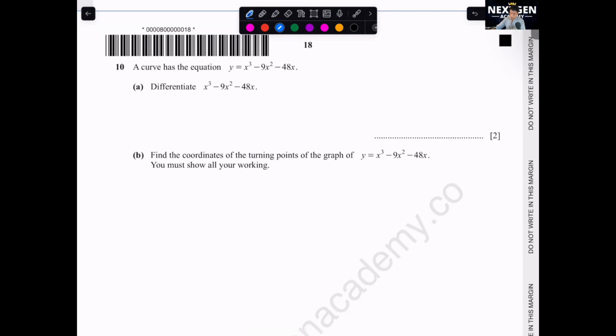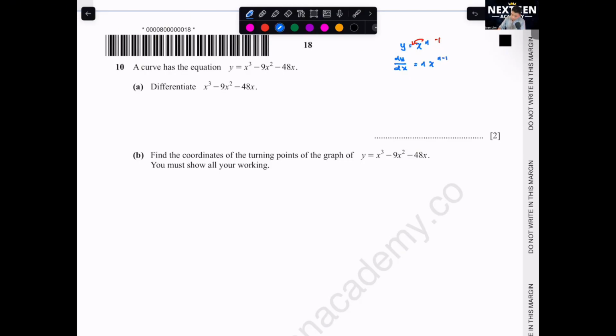All right, a curve has the equation y equals x cubed minus 9x squared minus 48x. Differentiate x cubed minus 9x squared minus 48x. We first have to understand, how do we differentiate? If y equals x to the power of n, dy over dx is you multiply by the power, then power minus 1. So nx to the power of n minus 1.